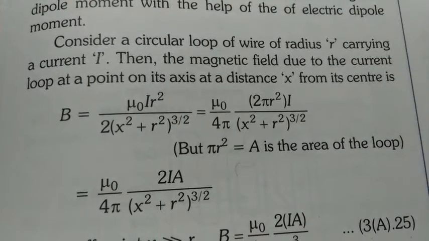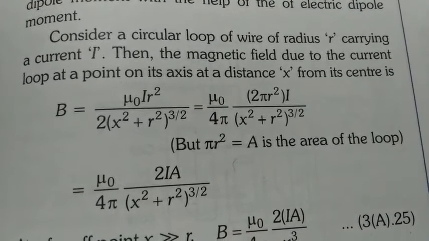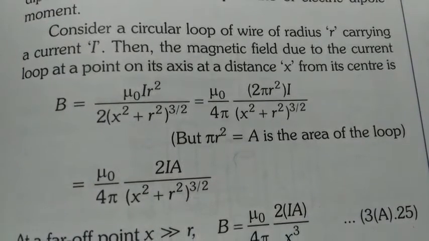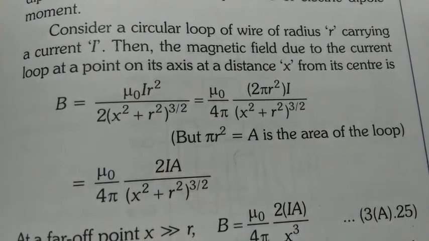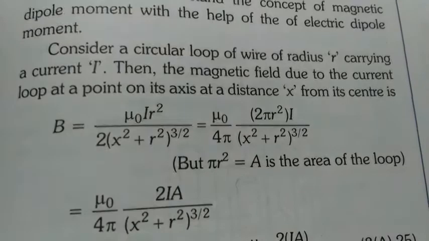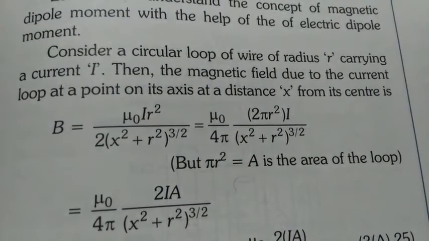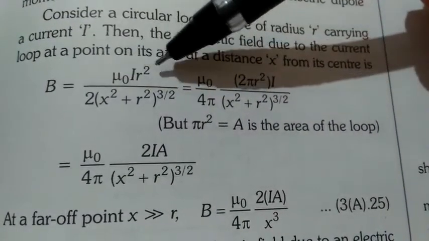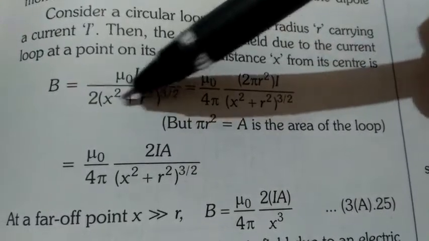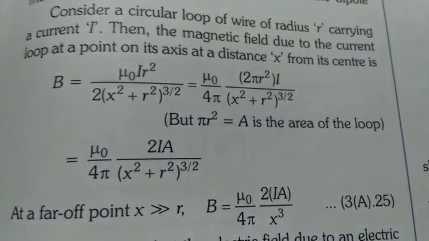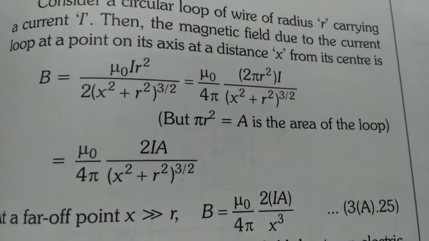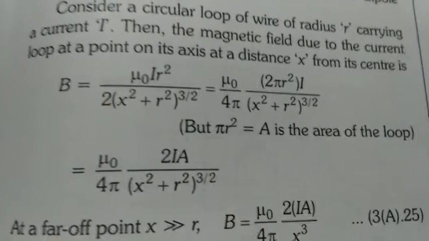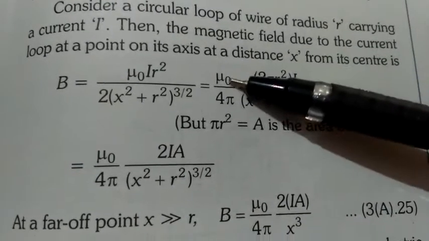For that, consider a circular loop of radius r carrying a current I. The magnetic field due to the current at a point on its axis at a distance x from its center is given by B equals mu naught I r square upon 2 times (x square plus r square) whole power 3 by 2. This formula we have already derived in, I think, the second or third video of this chapter, so you can recall it from there.